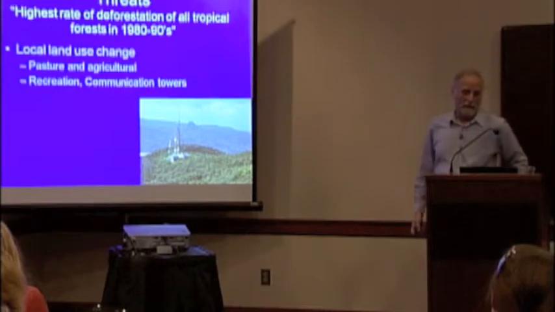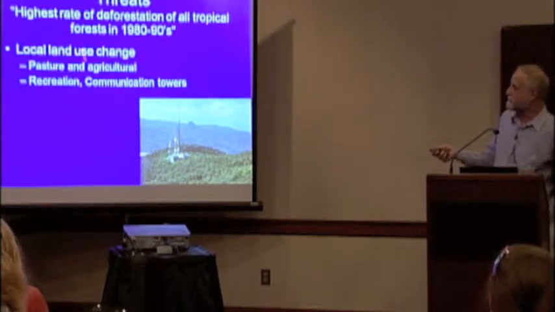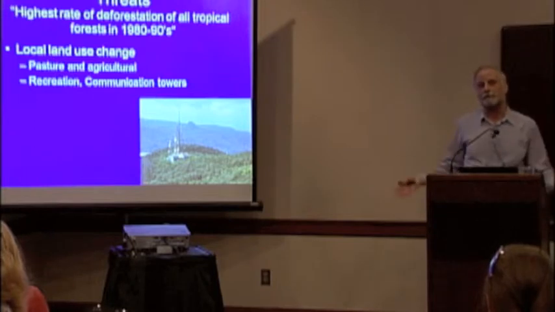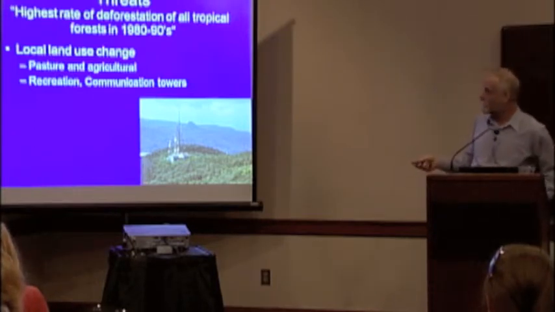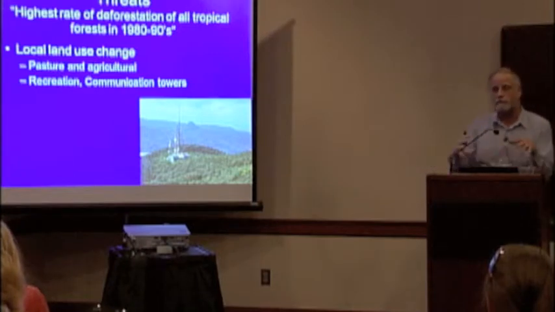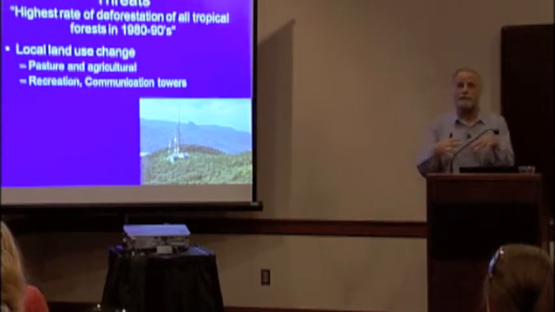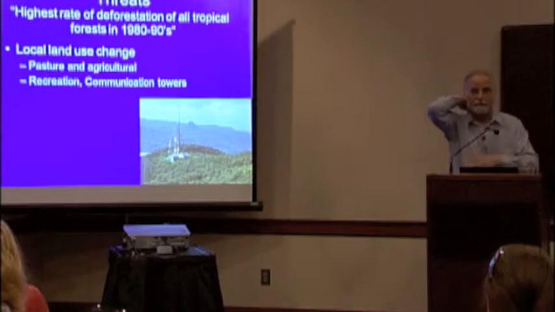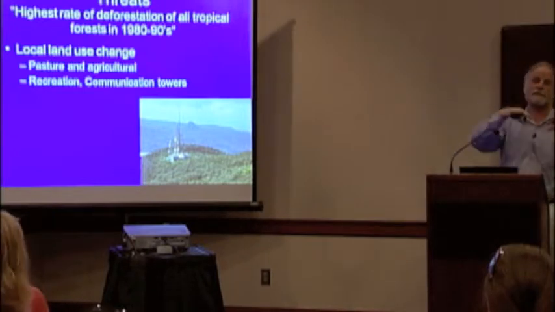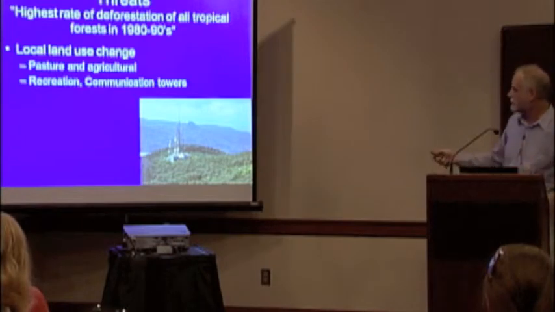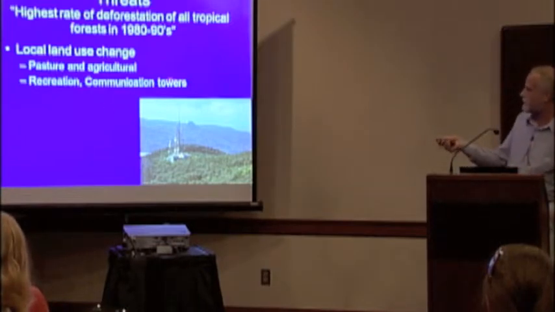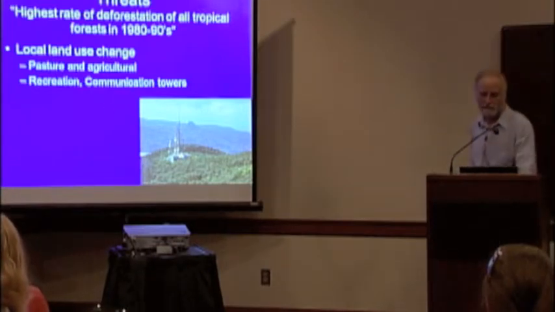A lot of it had to do with local land use change, people moving up the mountains and clearing this land for both pasture and agriculture. Some was for recreation, because it's a very cool climate there. In some places in Asia and the Pacific, they were being cleared for golf courses because it's a temperate climate in the tropics, and a great place to go. Communication towers too, we've lost a lot of cloud forests because of communication towers.